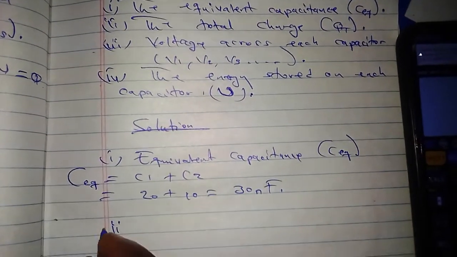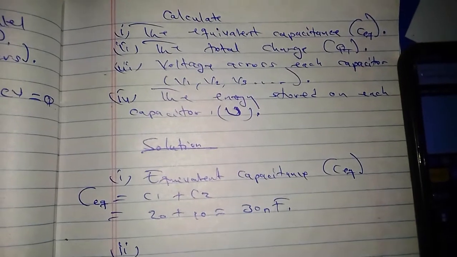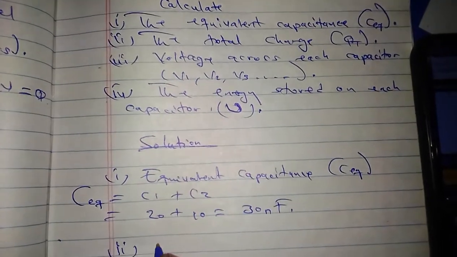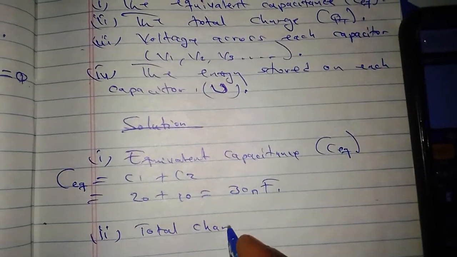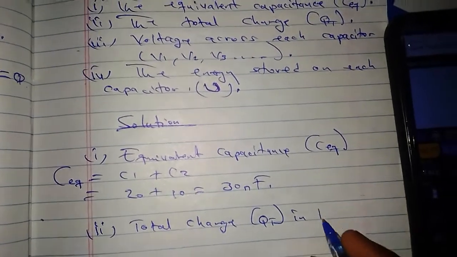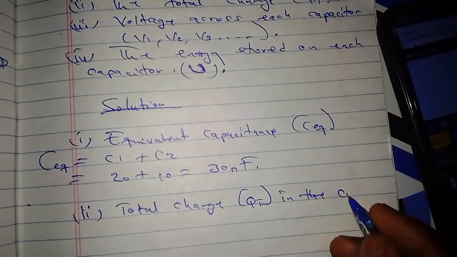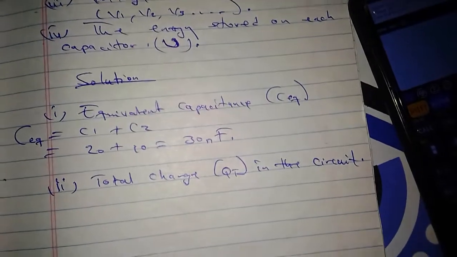2. We'll be looking at the total charge, QT, in the circuit. We know the formulas.